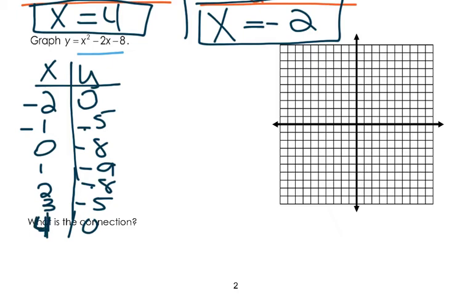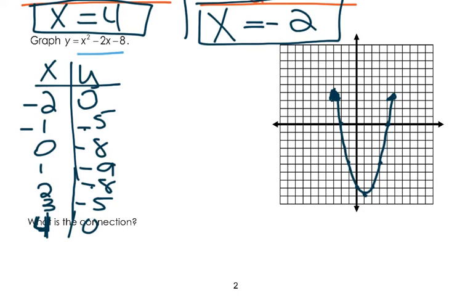Okay. And I'm just going to plot these points. It's a horrible arrow, but whatever.